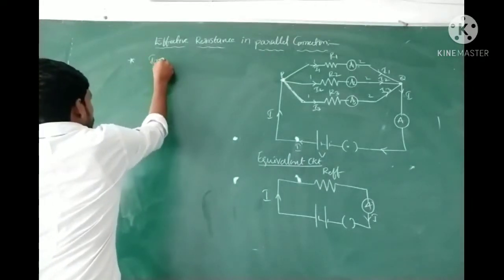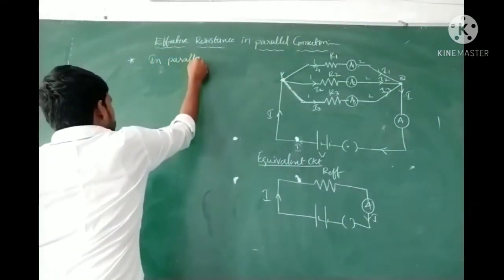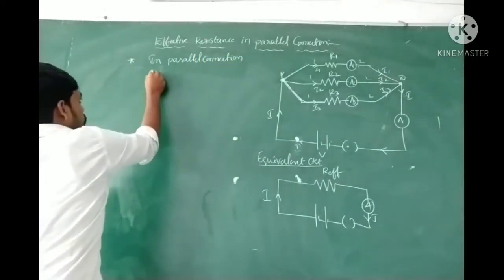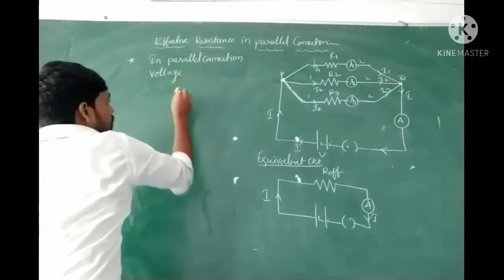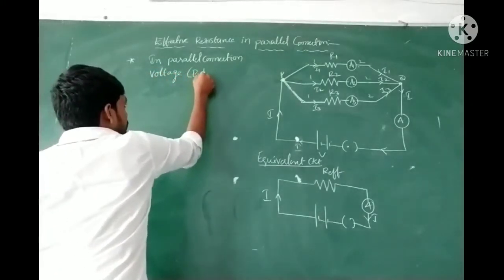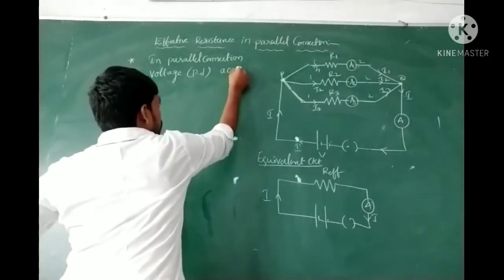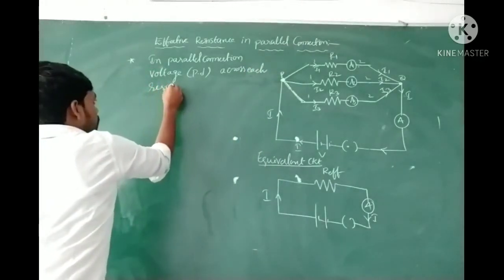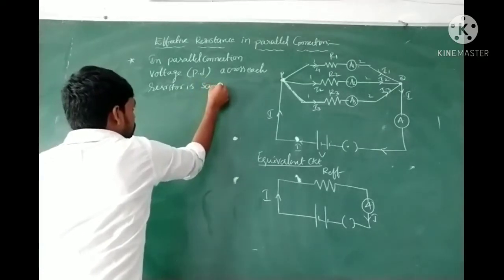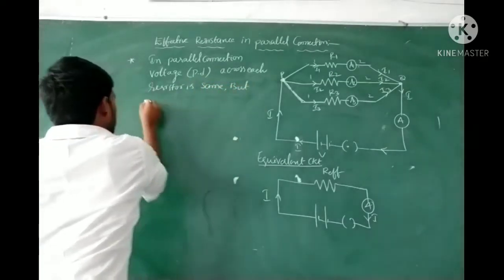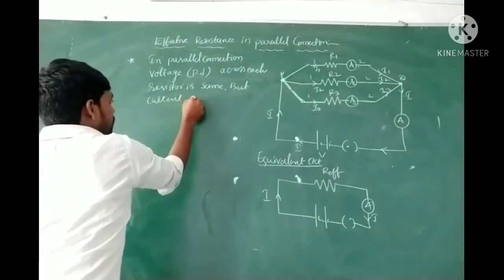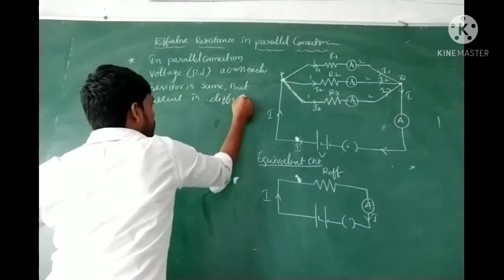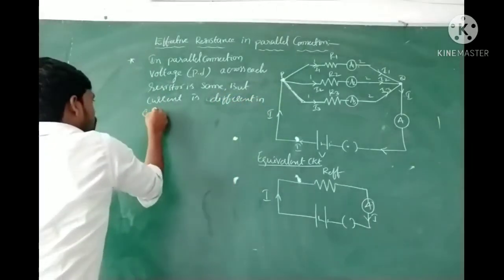So in a parallel connection, the voltage, that is the potential difference, across each resistor is the same, but the current is different in each resistor.